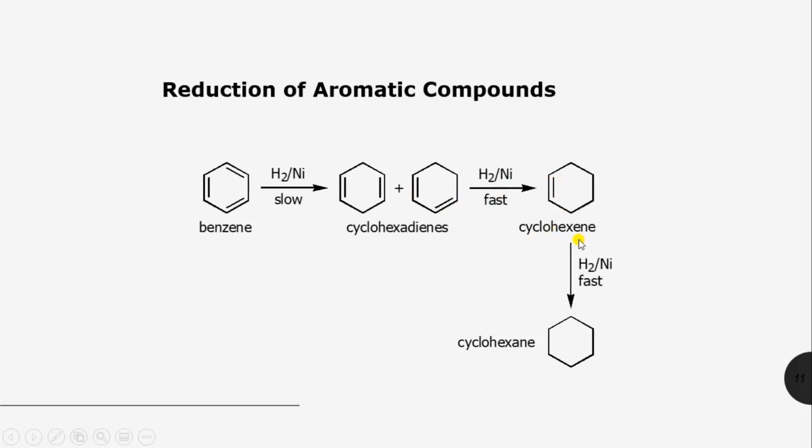So this second step is a bit faster than the first one, because in the first case we were dealing with the aromatic compound, but in the second case we are not dealing with an aromatic compound, because this is a conjugated system though, but it's not aromatic.